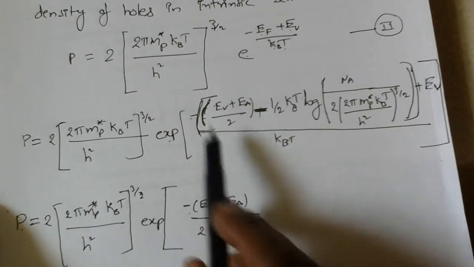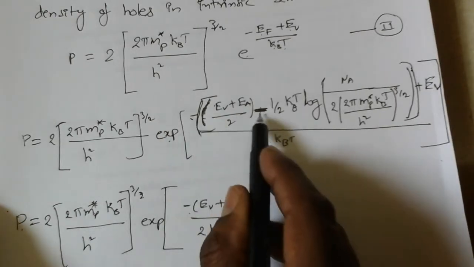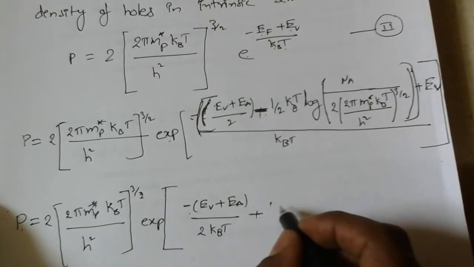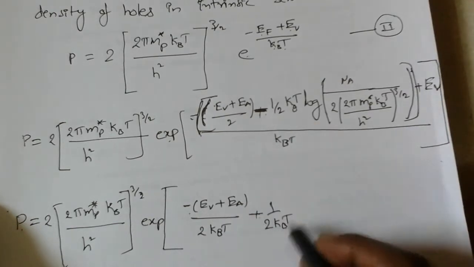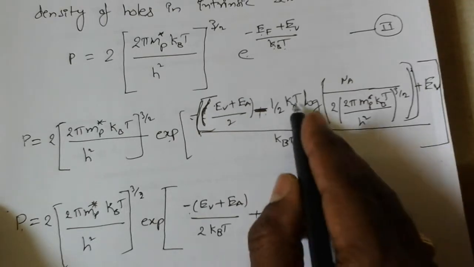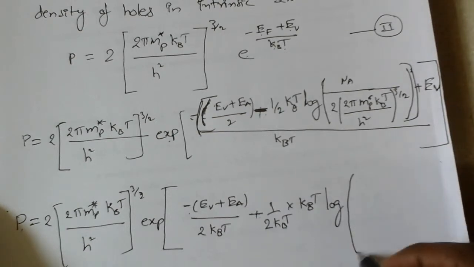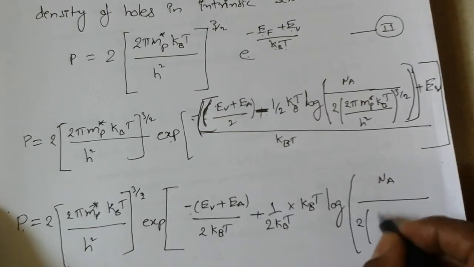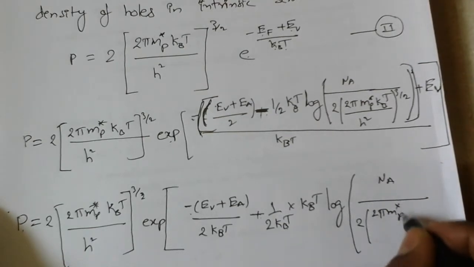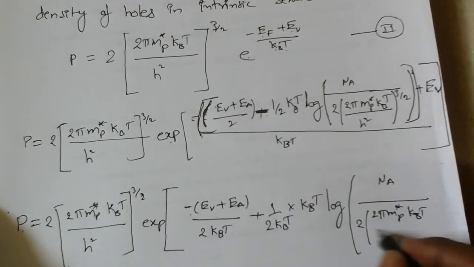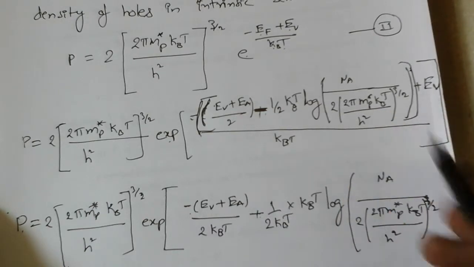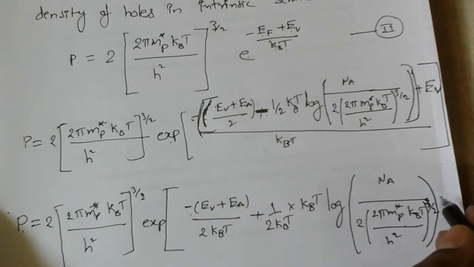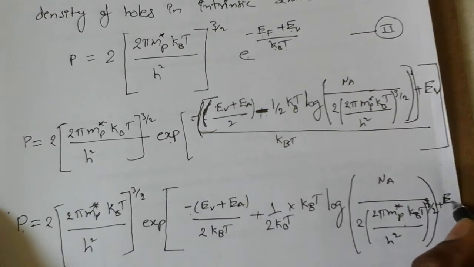Now minus into minus is plus, so 1 by 2 kBT, this kBT I am writing as 2, kBT into 2 kBT, and the log of NA by 2 into (2 pi mp star kBT by h square) whole power 3 by 2, as it is we have written. Bracket close. So plus EV by kBT.